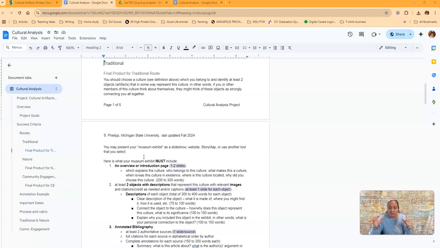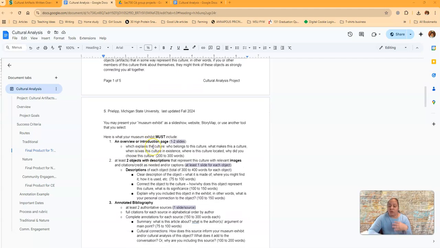So what you're basically doing is going to be first providing an overview in which you describe what your culture is, who your culture is. So this is something that you'll really want to make sure that you do some research about. Now, your research might not be from necessarily academic sources, so it might not be academic research, but it should be what we would consider authoritative or credible.